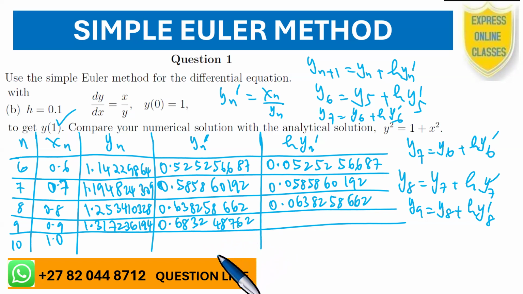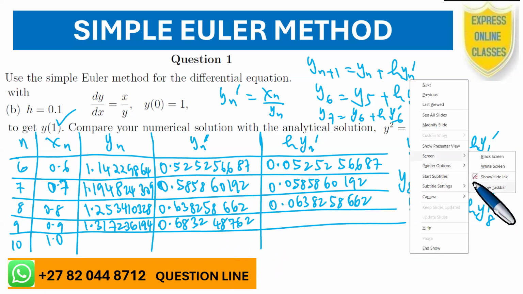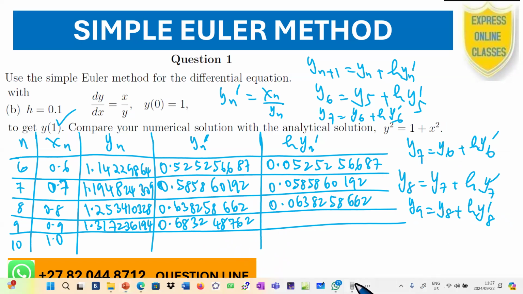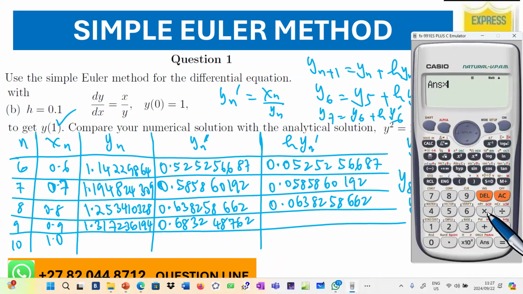Okay, so that's what you're getting. And then now you want to multiply by 0.1.